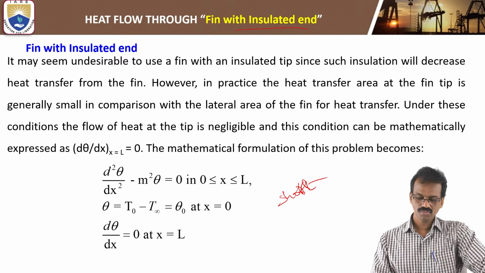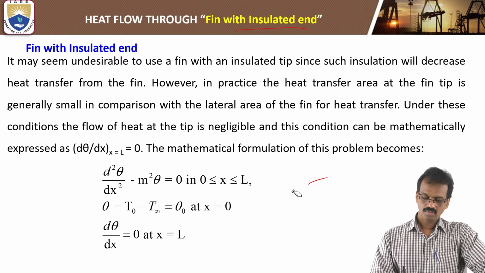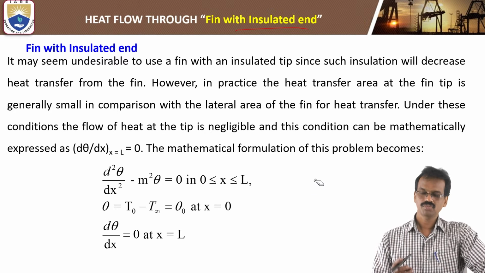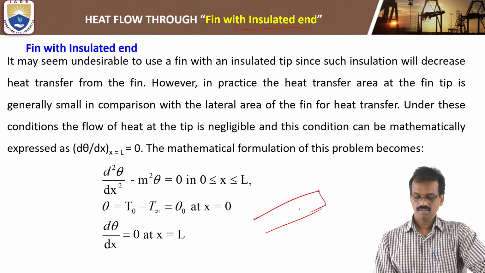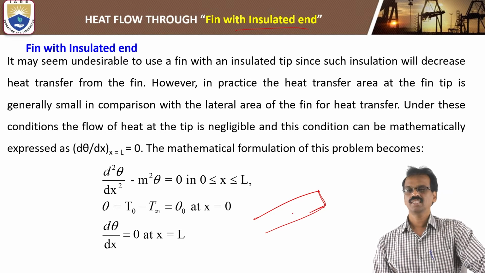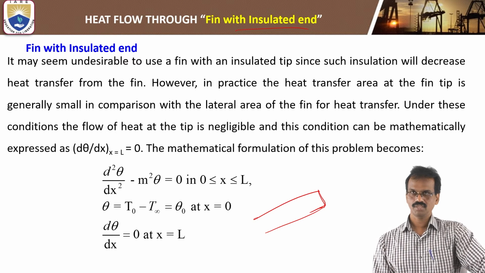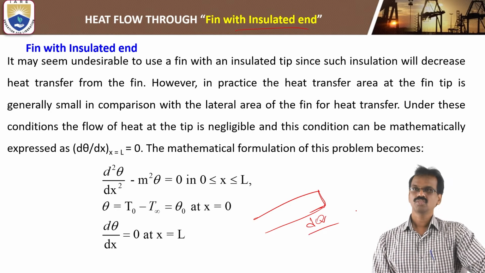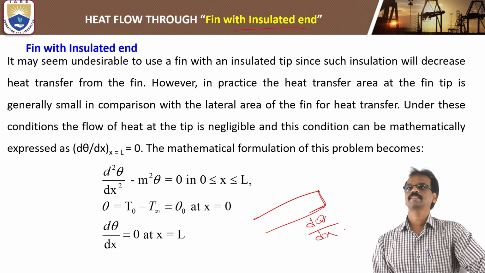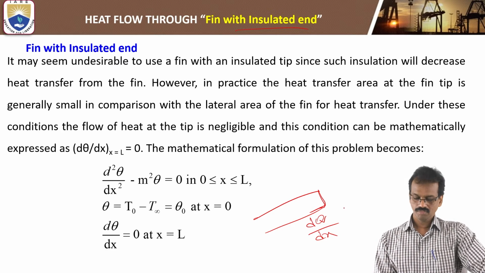Insulated end pin means that at the end of the pin there is no heat transfer. The rate of heat transfer will be zero. It means the change of the rate of heat transfer with respect to x will be zero.